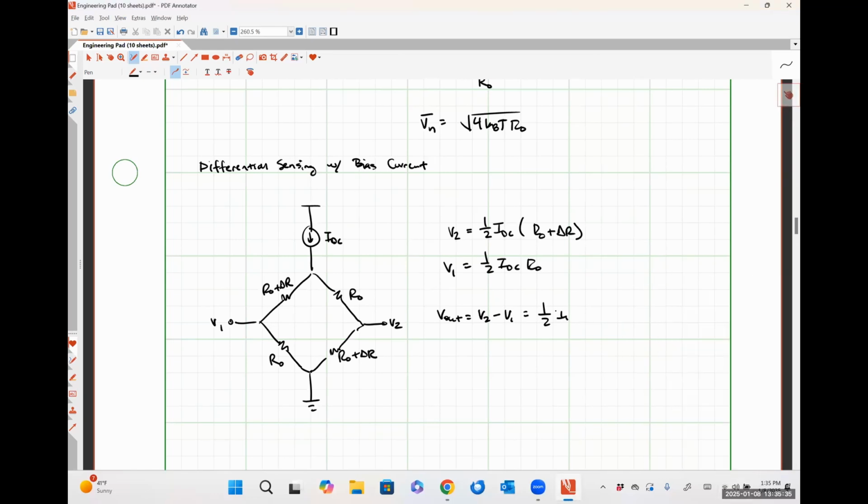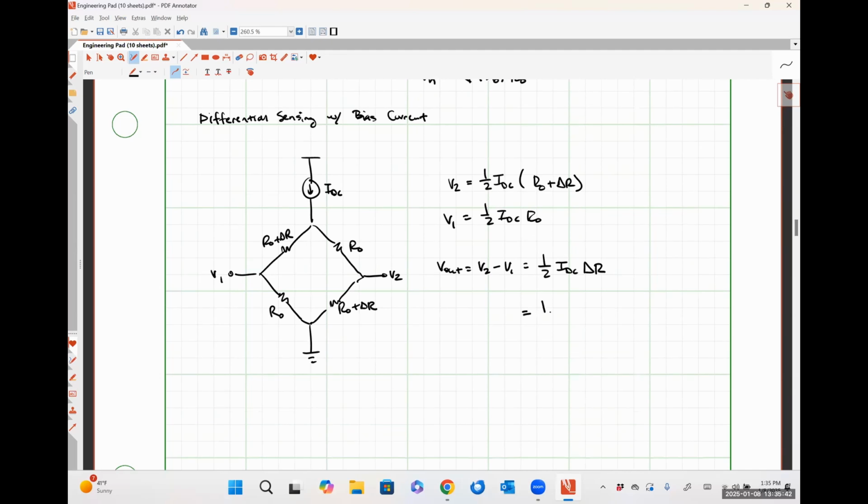IDC times delta R, or 1/2 IDC R naught pi L sigma L plus pi T sigma T. The DC power consumed by this is just going to be IDC squared times R naught, because we have two parallel paths of twice R naught.